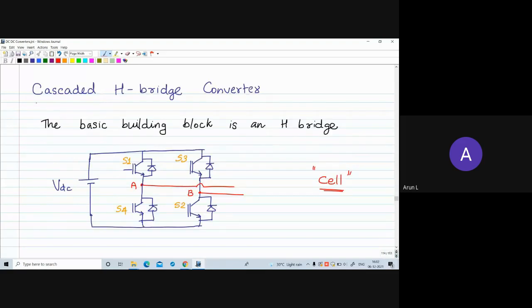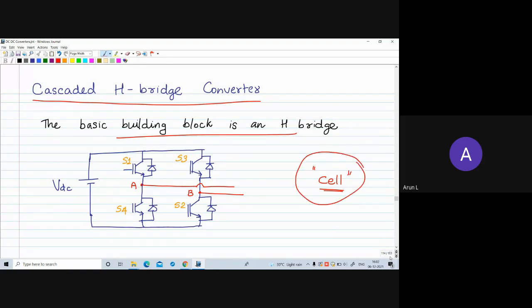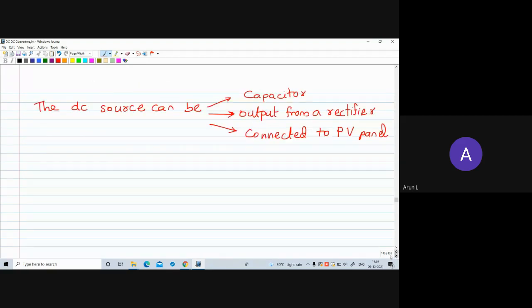So in a cascaded H-bridge converter, the basic building block will be an H-bridge. An H-bridge we have already seen, it has 4 switches and a DC link, and this is referred to as a cell in the terminology. And we have several such cells connected in cascade.